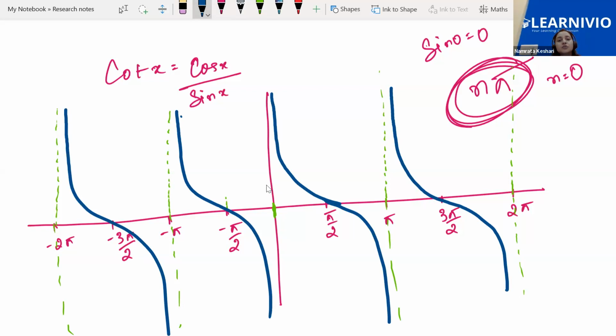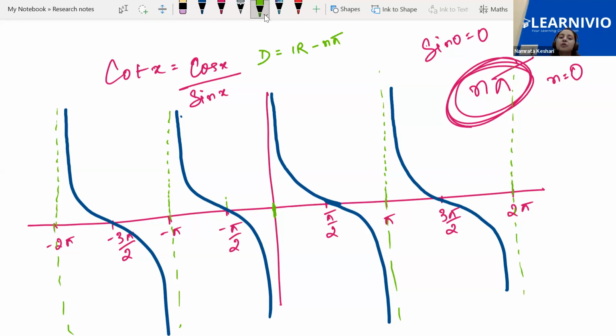Now again the same question. What is the domain and what is the range? Ali and Alina. Domain is all real numbers. Is it so? All real numbers? No, ma'am. Then minus n pi. Of course, minus n pi.